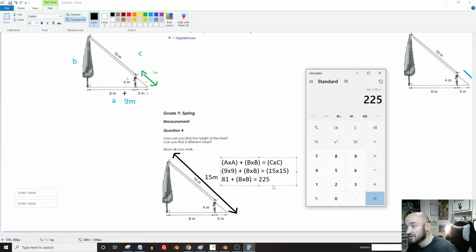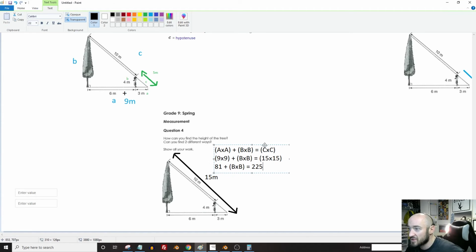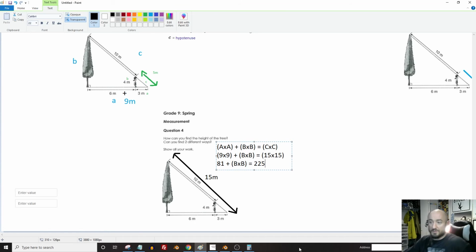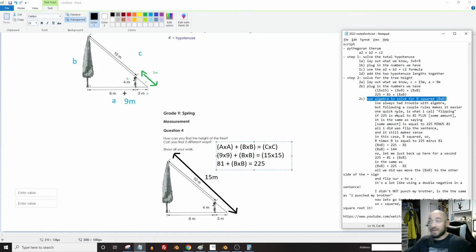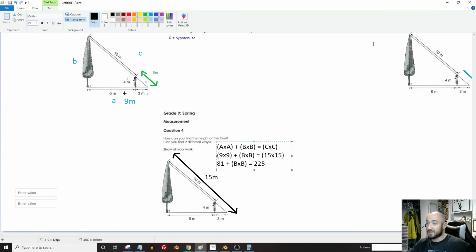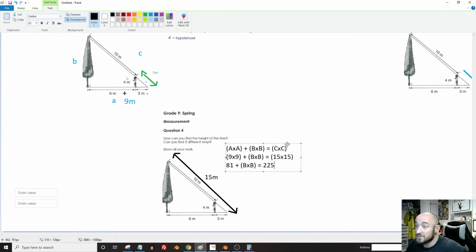Yeah, cool. I remember algebra being really tough for me. I had a lot of trouble getting it to stick in my head, but I found a couple of rules that really helped make things stick. One of these rules works perfectly in this situation, and it's what I call flipping.